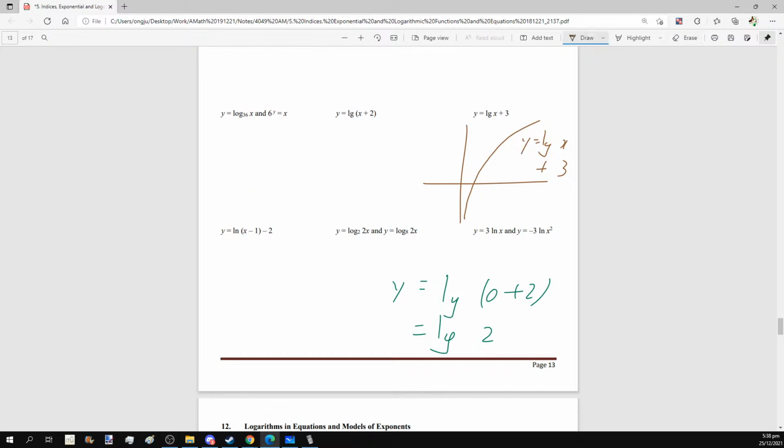The only thing I need you to be careful about is the x-intercept. Remember, at the x-intercept we will set y equal to 0. If you set y equal to 0, you'll get 0 equal to LGX plus 3, LGX equal to negative 3. We will then convert into exponential. Wait a minute, I should actually write it in the same format as always so that you can follow along.